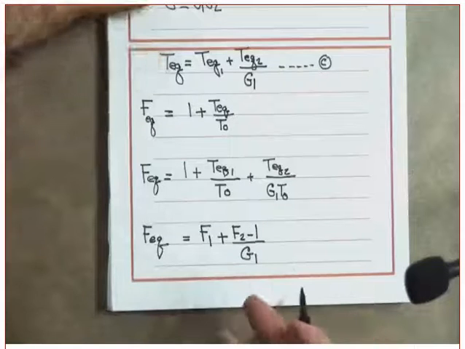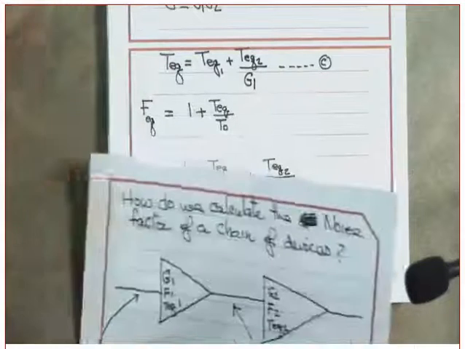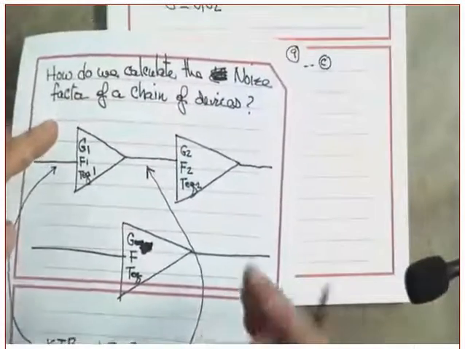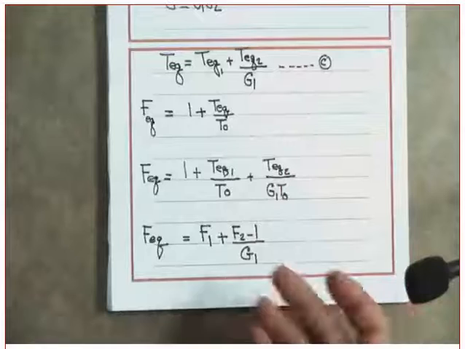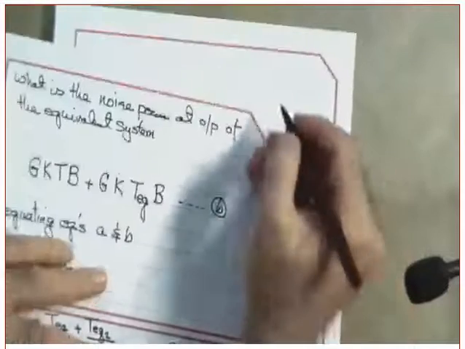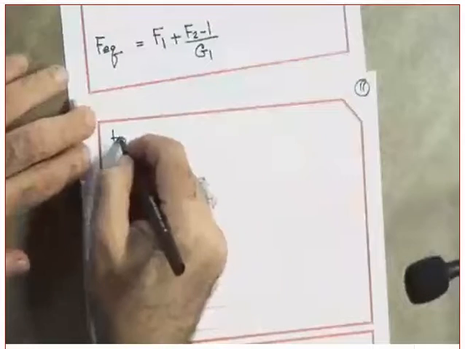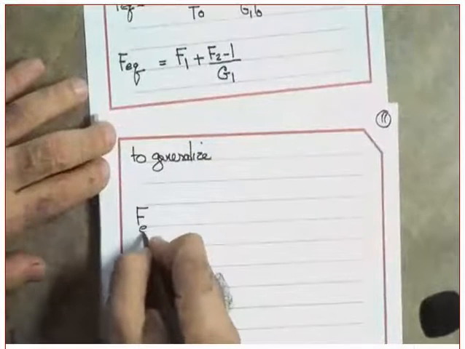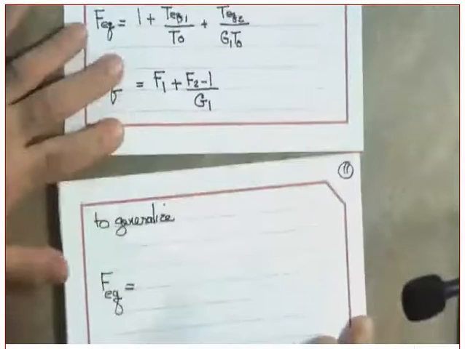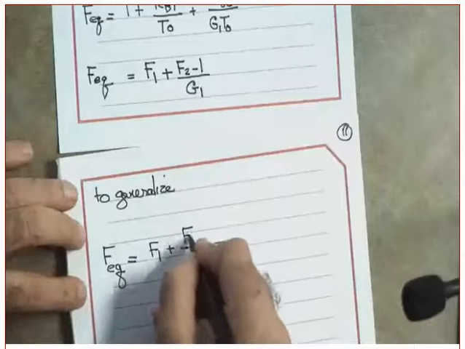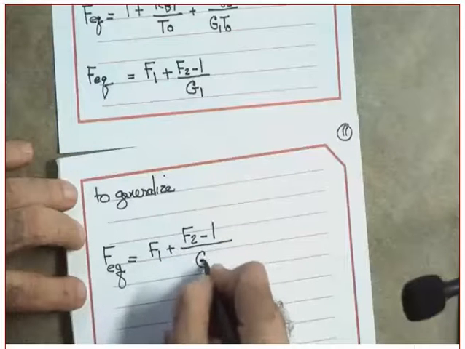Can you tell me what is the general thing before we conclude? When I say before we conclude, it does not mean we conclude the class; the class is still going on. Help me, to generalize: F1 plus F2 minus 1 over what?